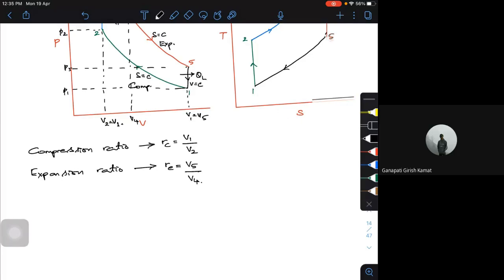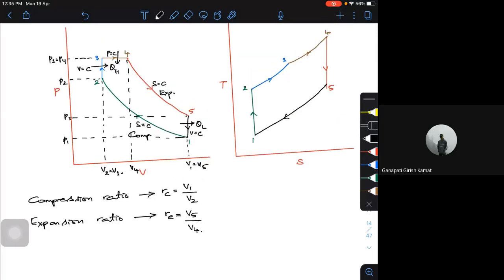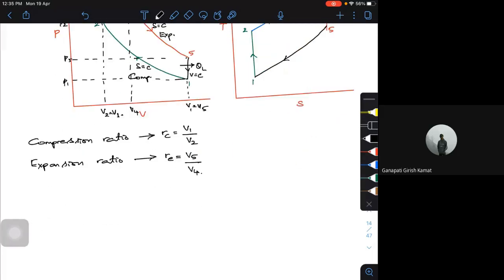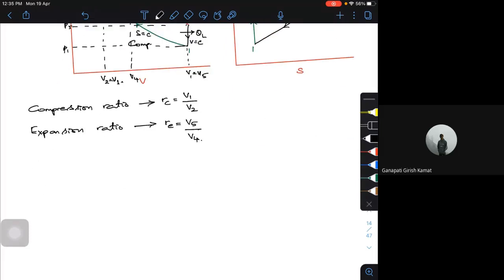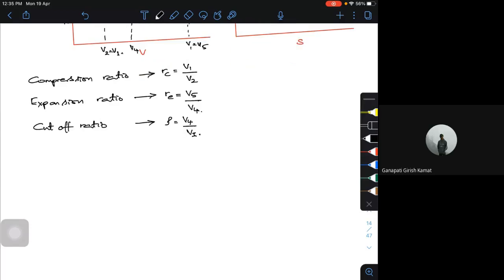Then similarly we have the cutoff ratio, which is rho is equal to V4 by V3, and the pressure ratio, which is Rp.